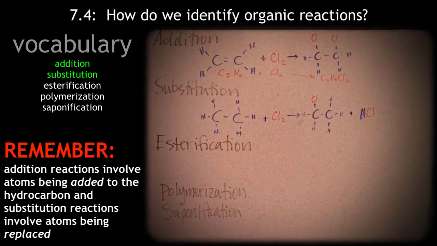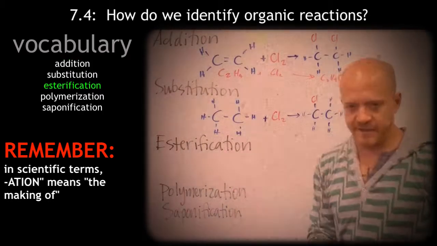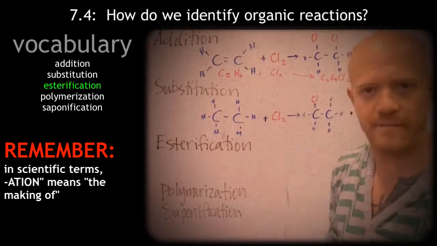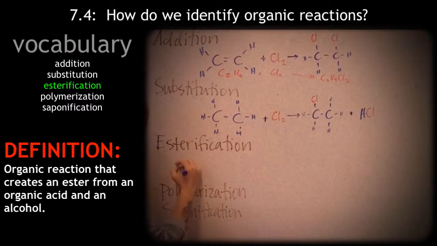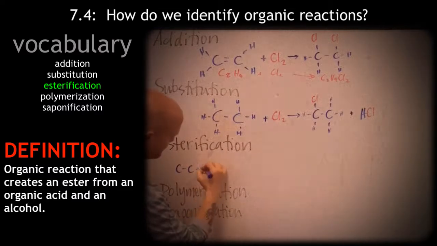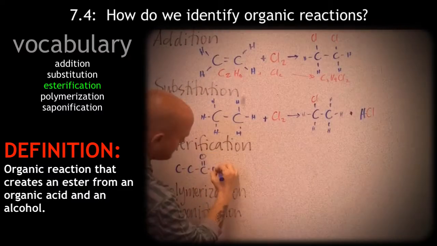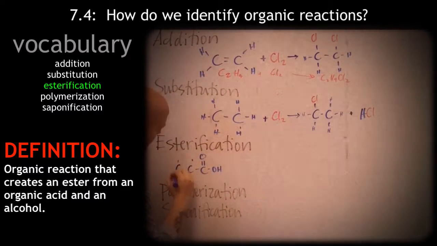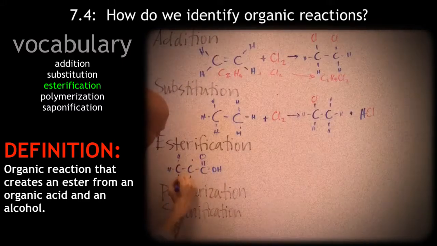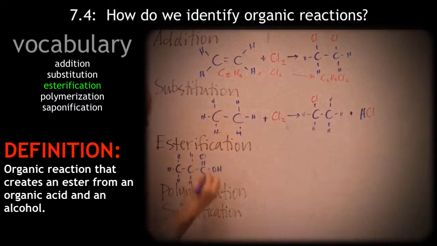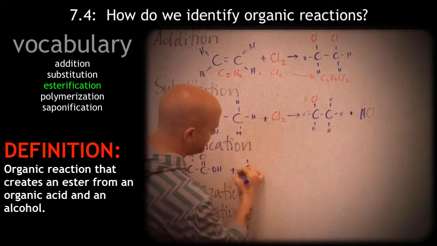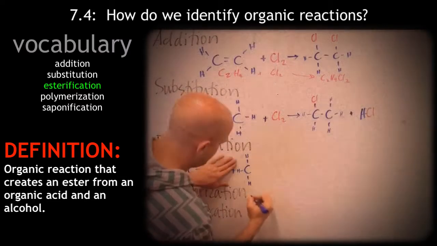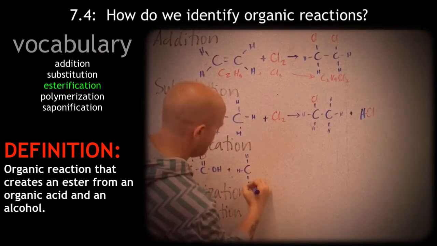Now esterification is a little bit more complicated, but all it really means is you're making an ester. So what you start with is an organic acid. In this case, we're going to do propanoic acid. And then you add it to an alcohol. In this case, let's use methanol. It's neater.